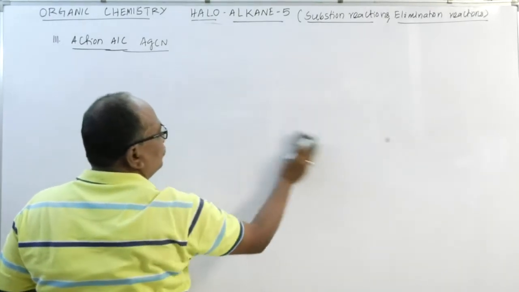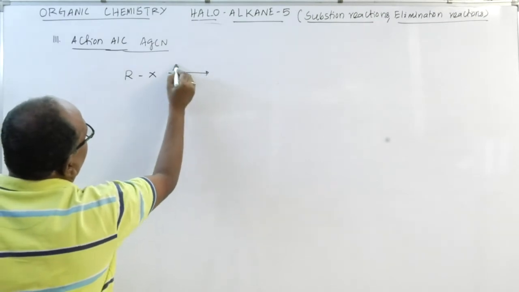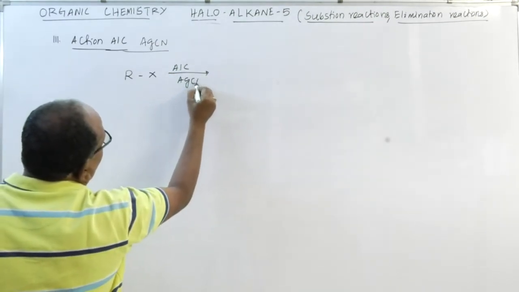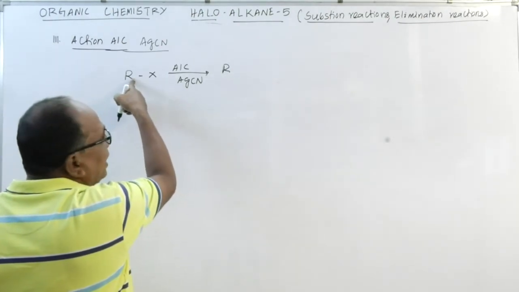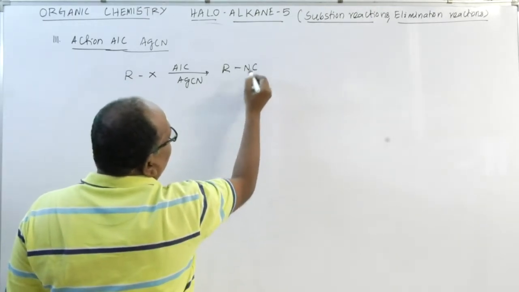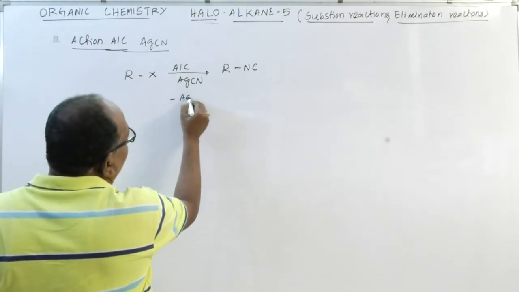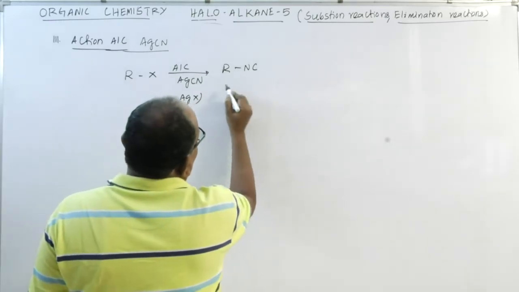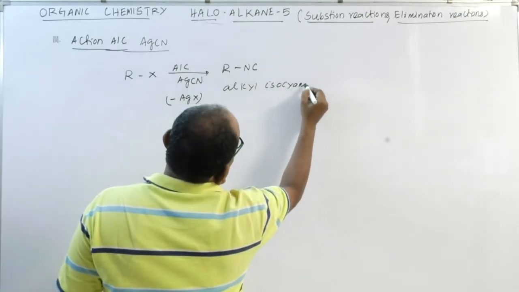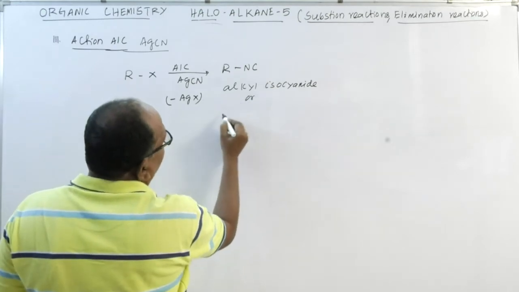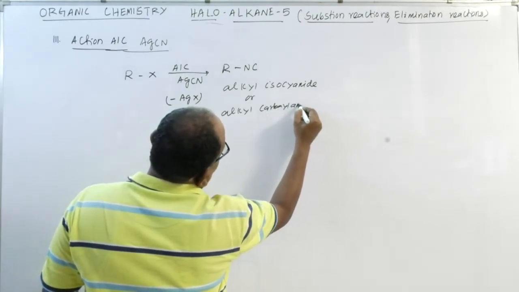So now the alkyl halide, when it reacts with an alcoholic solution of AgCN, will form R, because nitrogen attacks here, so RNC by losing a molecule of AgX, and this is called alkyl isocyanide or alkyl carbylamine.